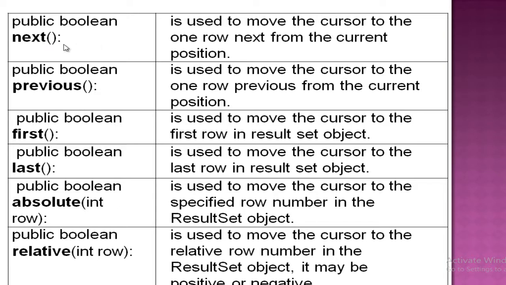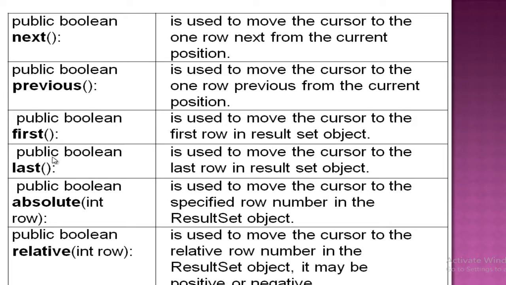Suppose you want to get the previous value, then you use the previous method, which moves the cursor one row back from the current position. public boolean first moves the cursor to the first row in the ResultSet object, so use the first method.